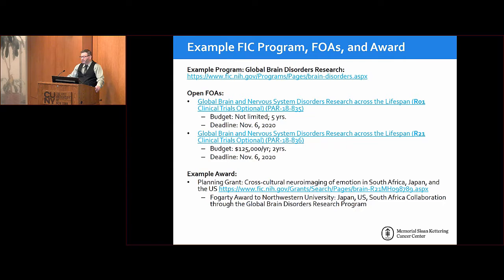There's an R01 for the global brain and nervous systems disorder research, and an R21, which is a small research grant that's normally a 2-year grant. I've listed out the budget, the span of the award, and also the deadlines.